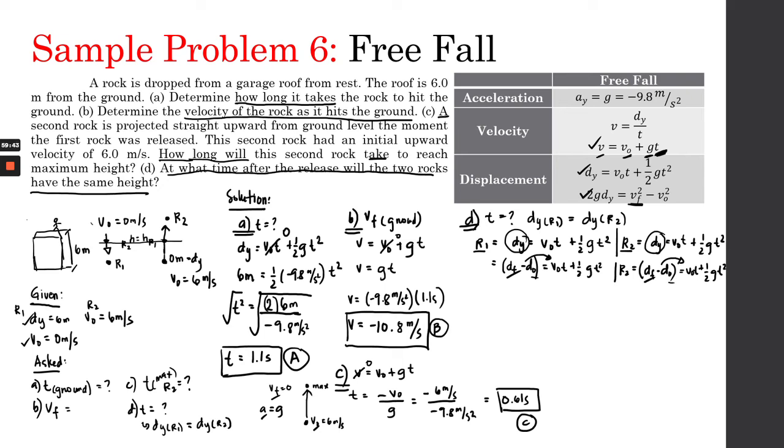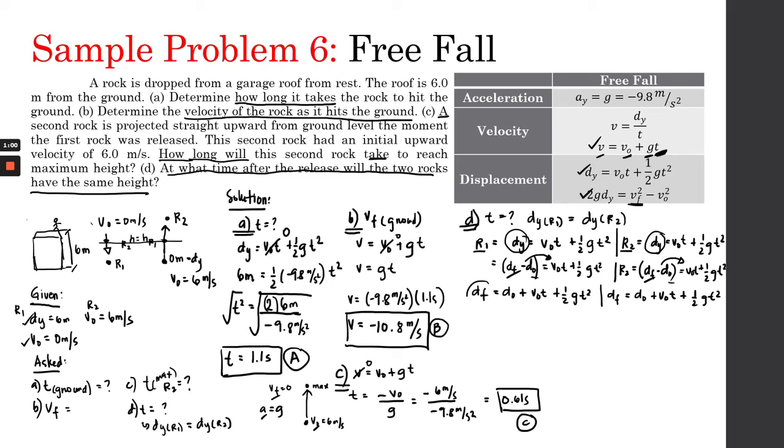So what happens now is that for R1 you would have the final distance is equal to the initial distance plus v0 t plus 1 half g t squared. And the same thing, the final distance for R2 should also be the initial distance for R2 plus v0 t plus 1 half g t squared.